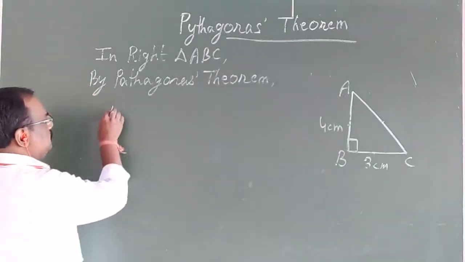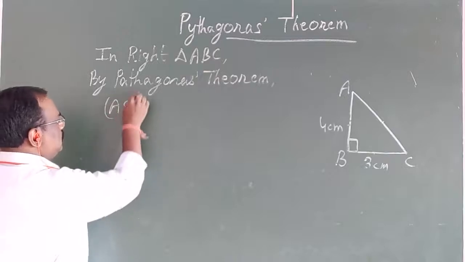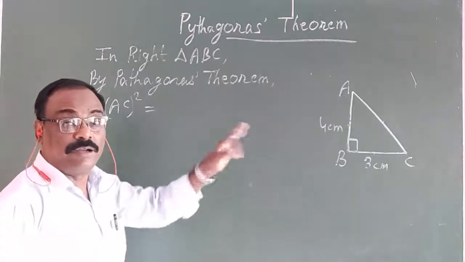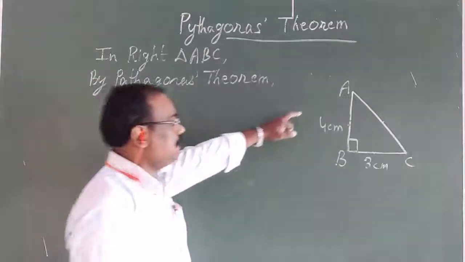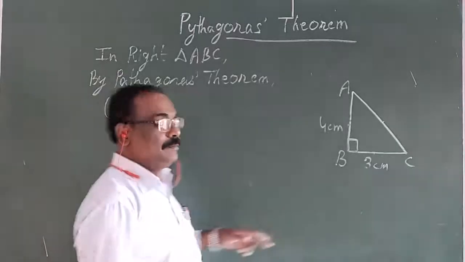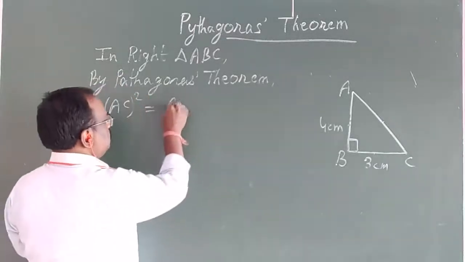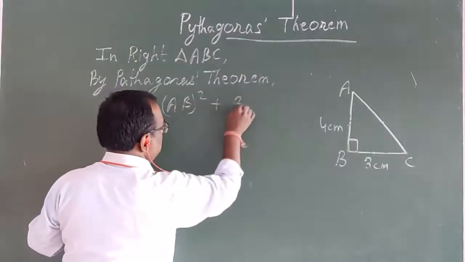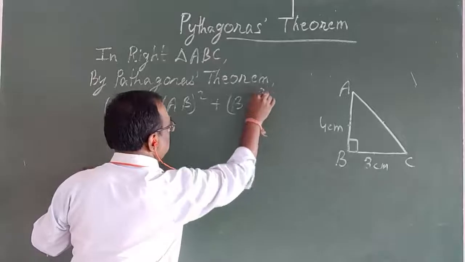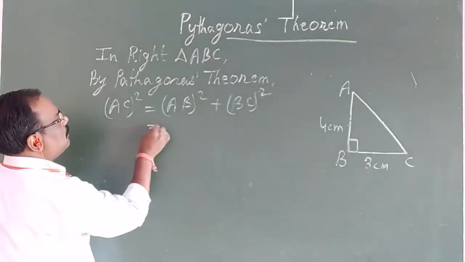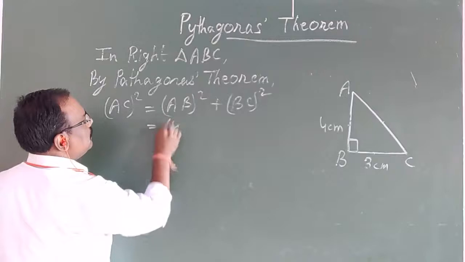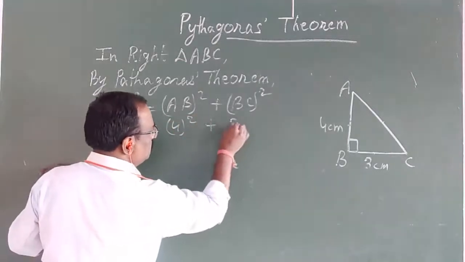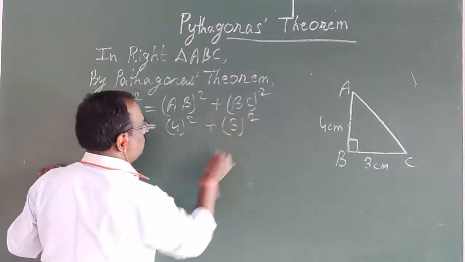So we will write here AC square is equal to the sum of the squares of the other two sides. The other two sides are AB and BC. So here we can write AB square plus BC square. AB is already given to us, that is 4. So we will write 4 square plus BC is given to us as 3, so 3 square.